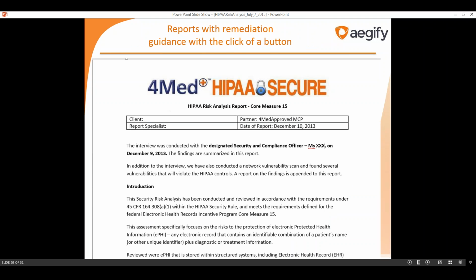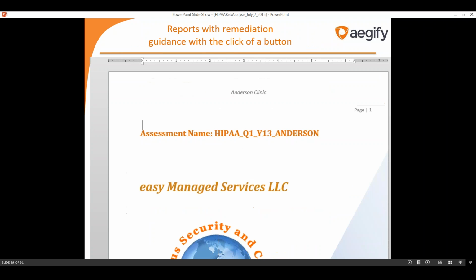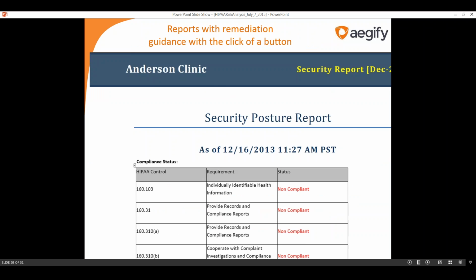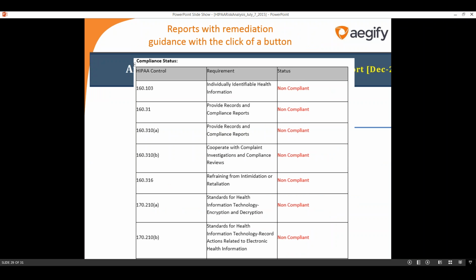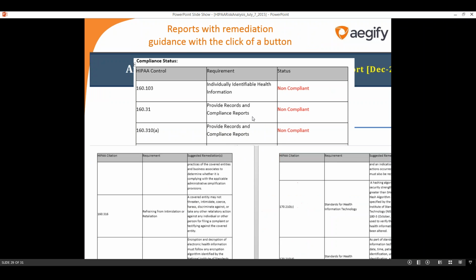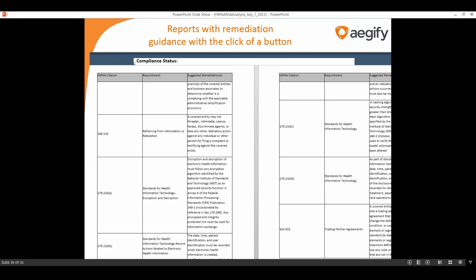Then you can generate remediation guidance and multiple reports which tell you what things are missing and which controls are non-compliant, and for the non-compliant controls, it will tell you how to fix the open issues that are found. So it's a complete soup-to-nuts solution to deal with all of your HIPAA or any other vertical requirements-based security, risk, and compliance needs.